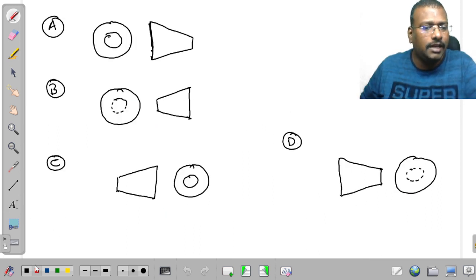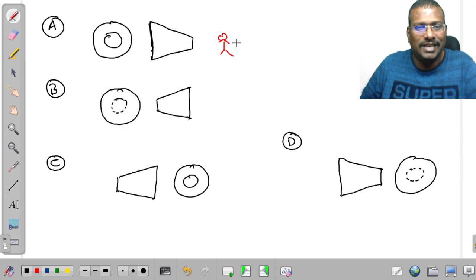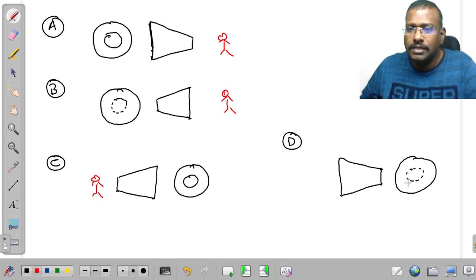Sir, the inside circle is smaller, continuous, so the observer is on the smaller side. Here the inside circle is dotted, he has to be on the larger side. Now in this case, the inside circle is smaller. Among these two, this is the smaller side, he has to be here. In option B, the inside circle is dotted, he has to be on the larger side.